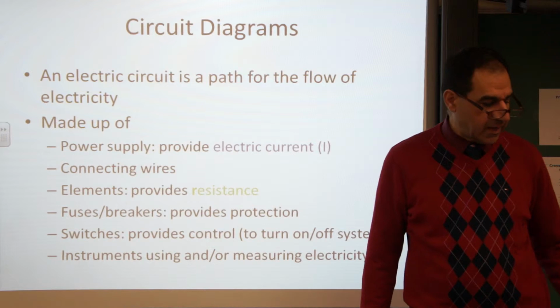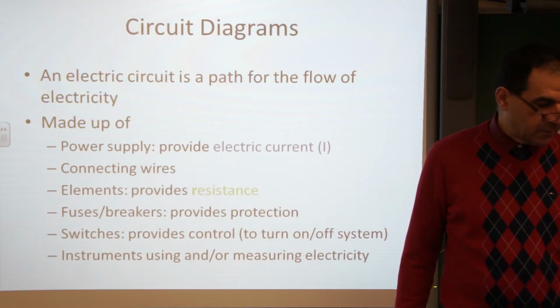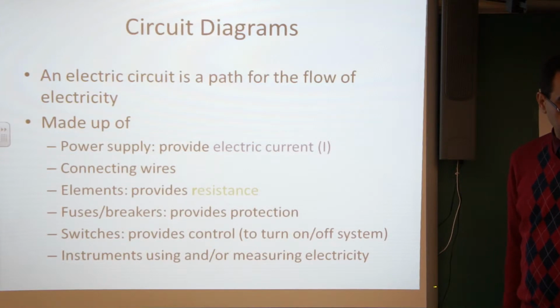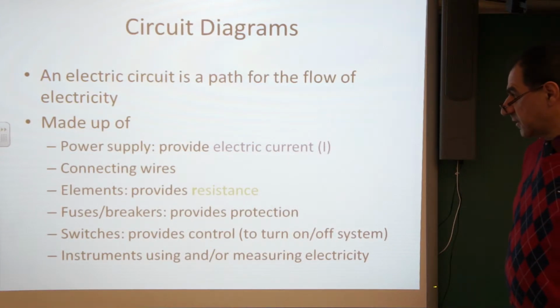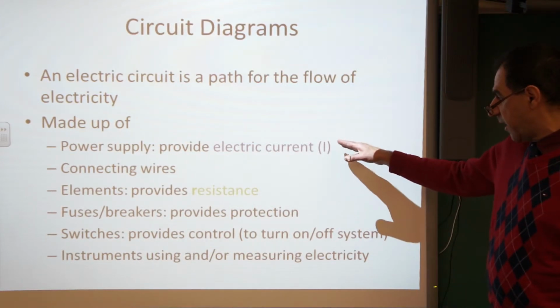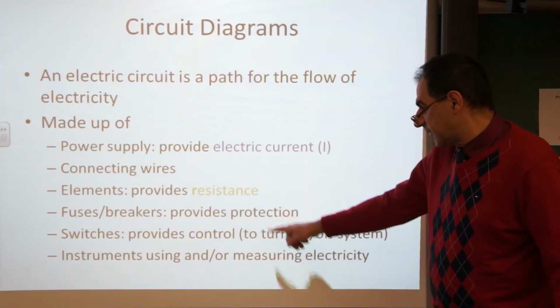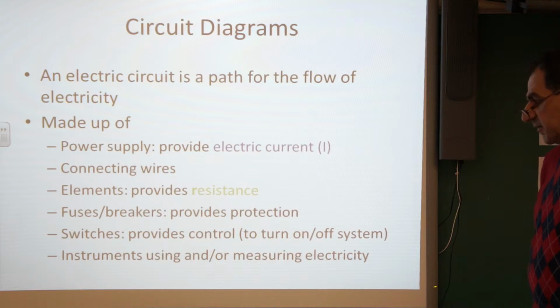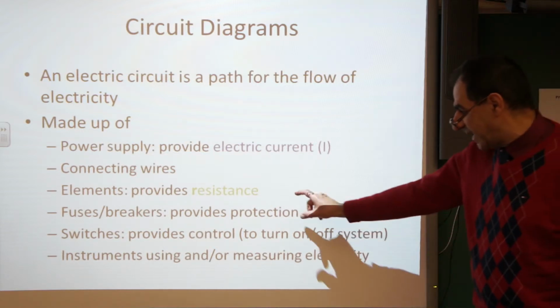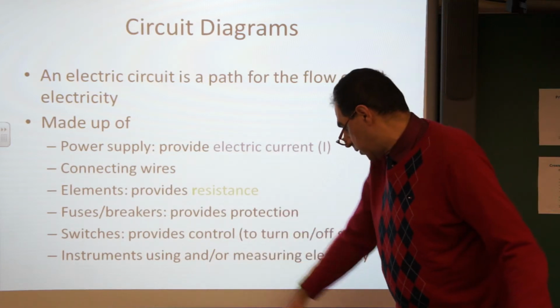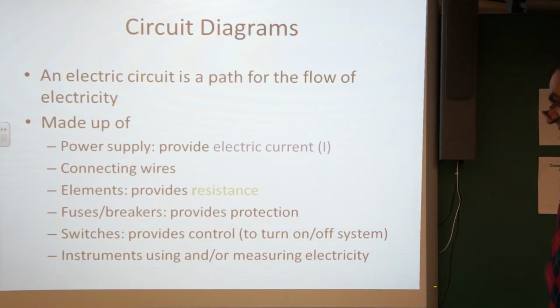So now let's look at circuit diagrams. An electric circuit is a path for the flow of electricity. So in a circuit diagram, we need to consider the power supply, wires, elements that provide resistance, fuses and breakers that protect the circuit, switches that provide control, and instruments using and or measuring electricity.